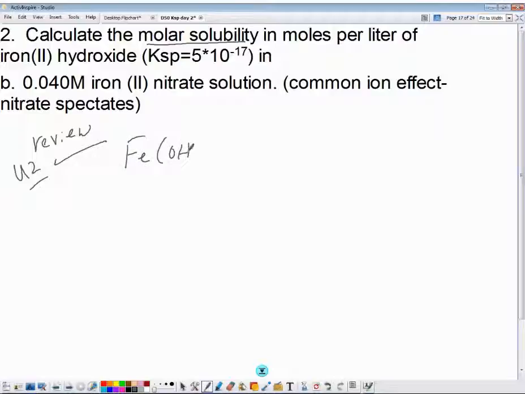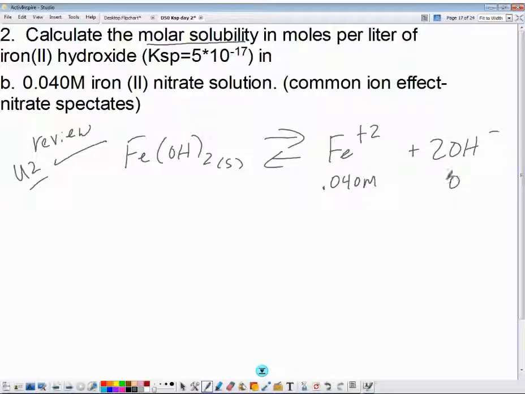Fe(OH)2, solid, is trying to dissolve where there's already some Fe floating around. So that means it's not 0, but it is, because I don't have any hydroxide floating around. I still am going to take my spoonful of iron(II) hydroxide, some amount, to try to get it to dissolve.